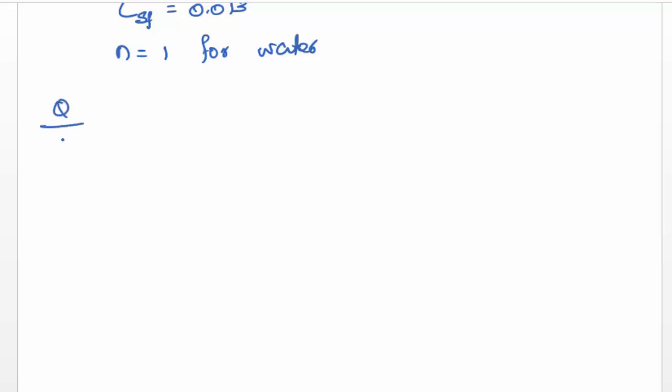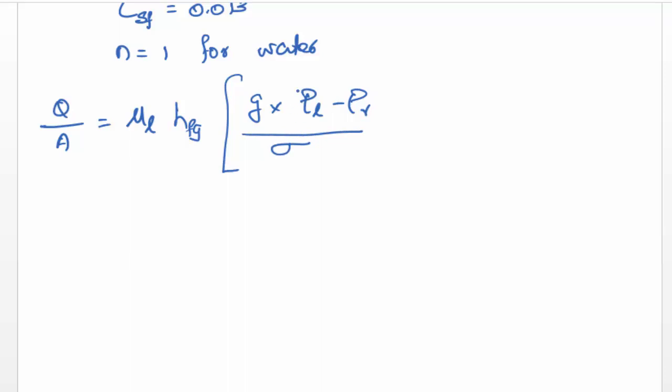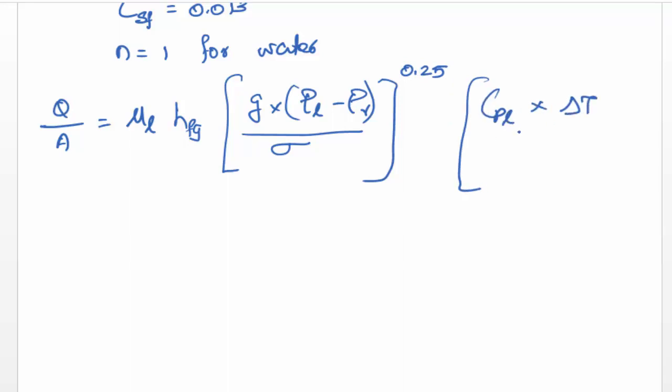Q by A, that is the power required to boil the water, is equal to mu L HFG into the square root of g into rho liquid minus rho vapor divided by sigma, to the whole power 0.25, into Cp of liquid into del T divided by CSF into HFG into Prandtl number to the power n, whole cubed.